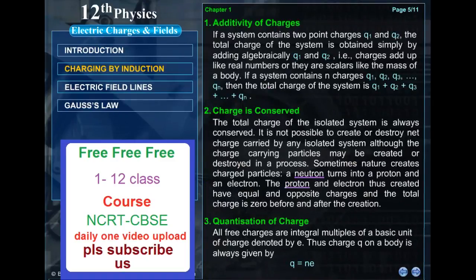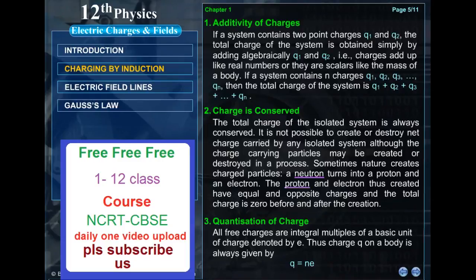Additivity of charges. If a system contains 2 point charges Q1 and Q2, the total charge of the system is obtained simply by adding algebraically Q1 and Q2. That is, charges add up like real numbers, or they are scalars like the mass of a body.